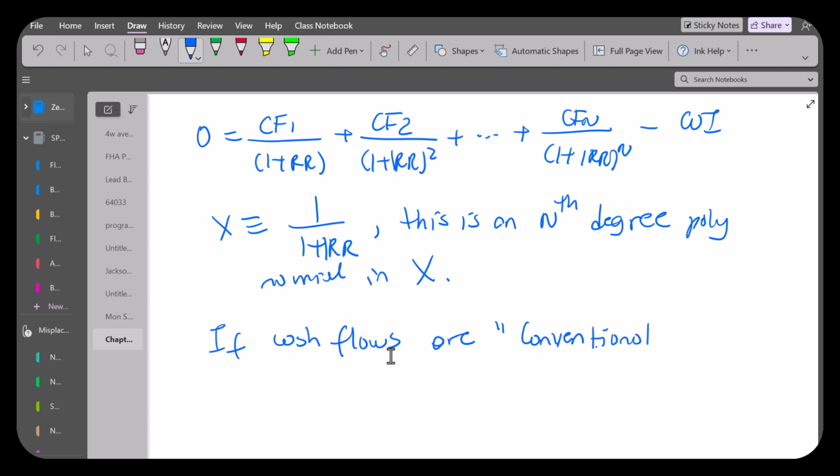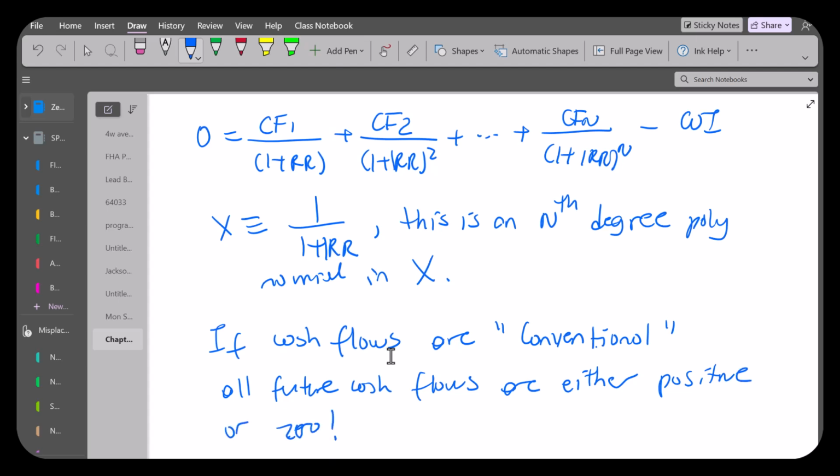which means all future cash flows are either positive or zero. Or using the fancy name, all future cash flows are non-negative.